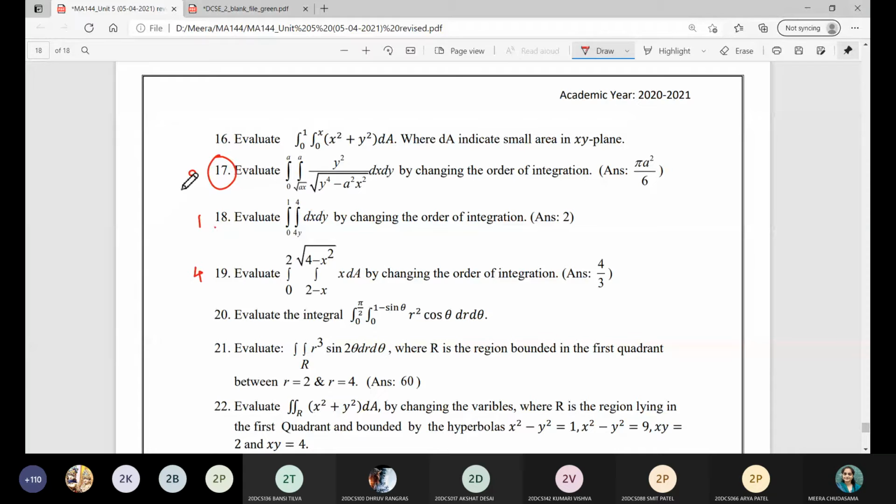Tell me, which is the original strip you are given, vertical or horizontal? Vertical strip, very good. Right, first draw the region. I am giving you 2-3 minutes to draw the region and then decide the limits. If you are getting it, let me know, otherwise I will do it.